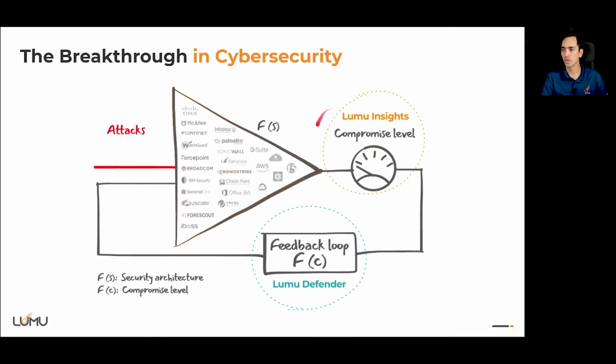We basically have two parts of the product here: LUMU Insights to measure the compromise level, and LUMU Defender, which takes that compromise level and information and sends it back to the cybersecurity systems to take action immediately. So this is definitely going to reduce the impact any of these incidents has on the organization.